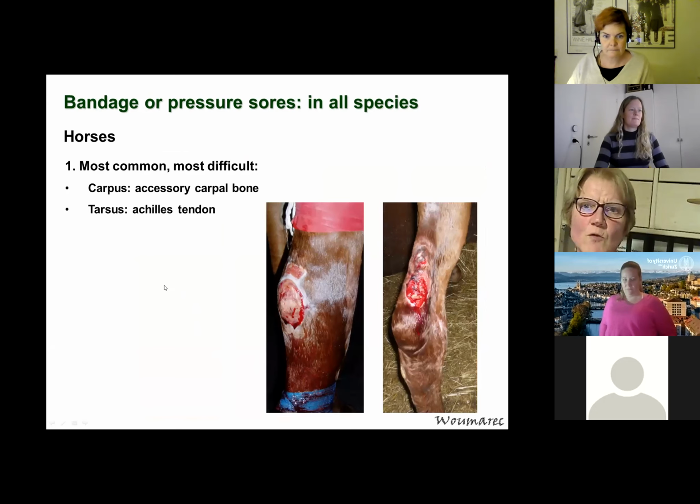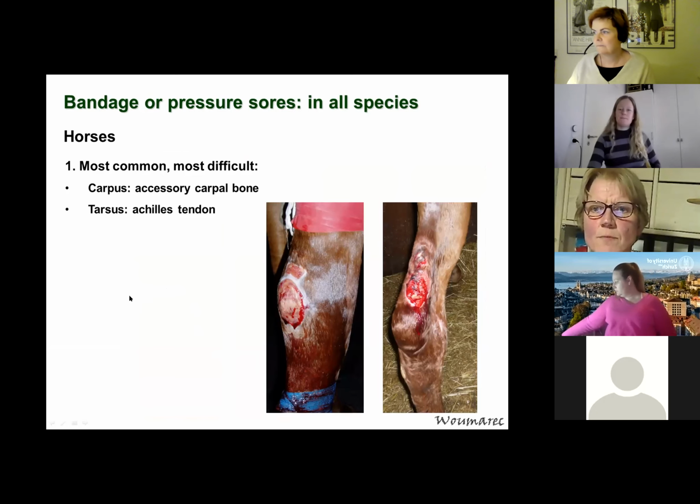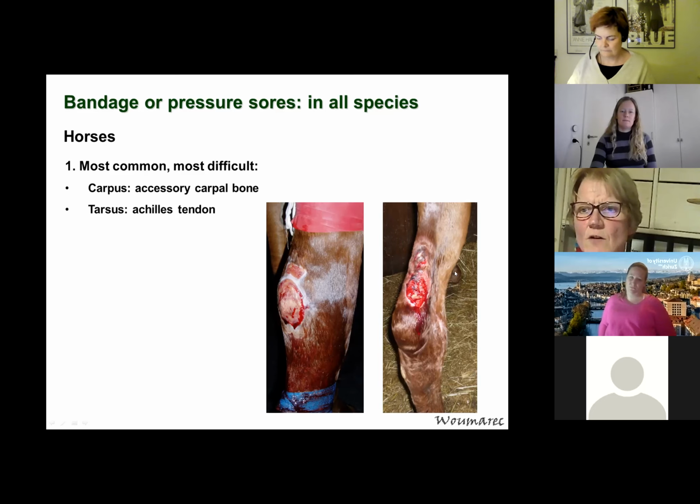In horses, we see also quite often pressure sores or bandage sores, and the most common and the most difficult ones are those on the carpus and the tarsus. So on the accessory carpal bone, on the palmar side of the carpus, and on the tarsus, these bandage sores are usually located at the Achilles tendon.